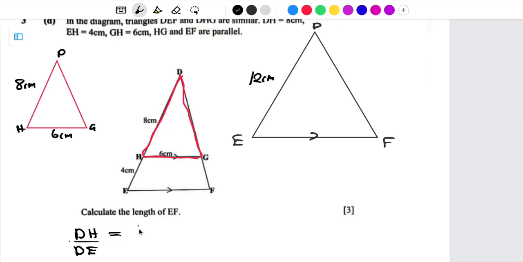Then HG is similar to which side? EF. Now, what is DH? DH is 8. What is DE? DE is 12. What is HG? HG is 6, and EF we don't know.